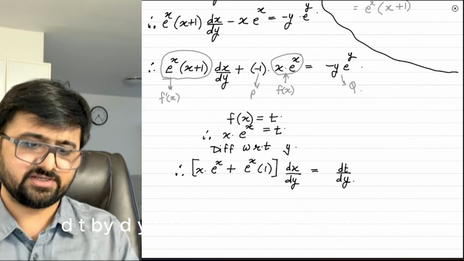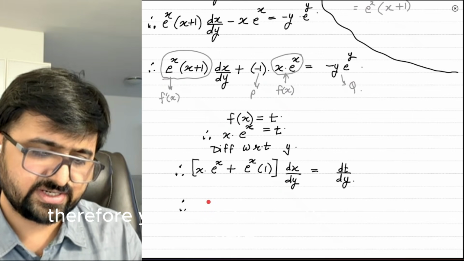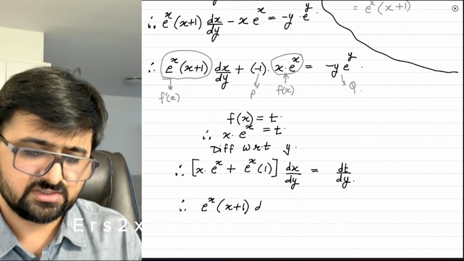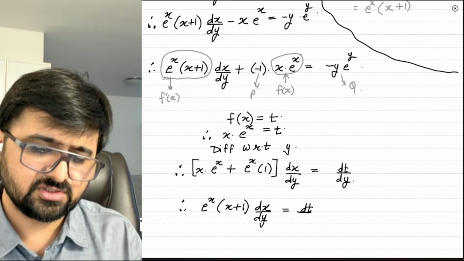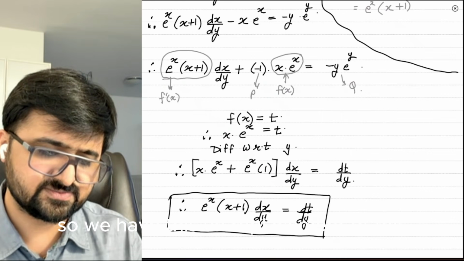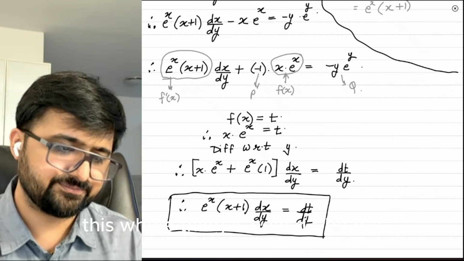Okay, dt by dy. So now you can see that you can take e raised to x common here, e raised to x into x plus 1 into dx by dy is equal to dt by dy. So we have this replacement of this. This whole thing is now dt by dy.